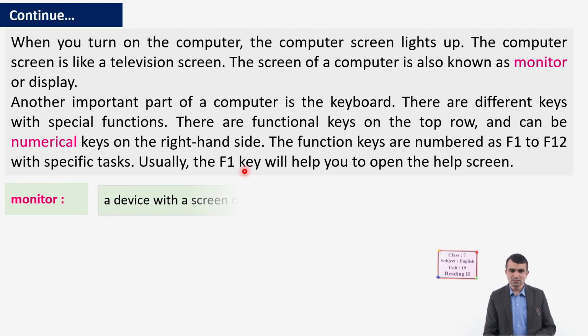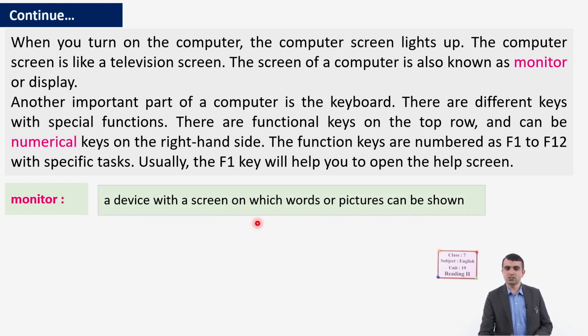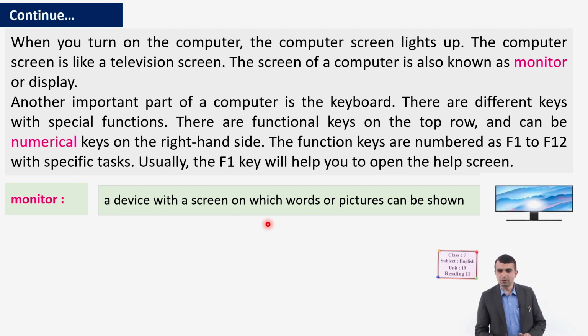Monitor means a device with a screen on which words or pictures can be shown. Okay, you can see words or pictures. Here you can see one picture of a monitor. Can you see the monitor of a computer? Okay, that is called monitor.